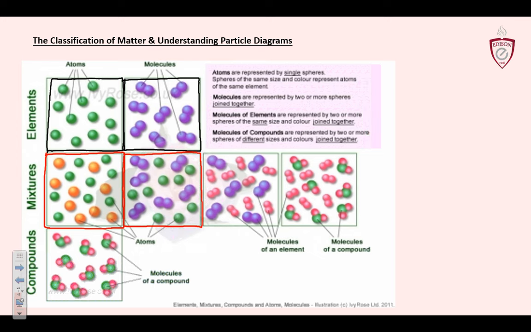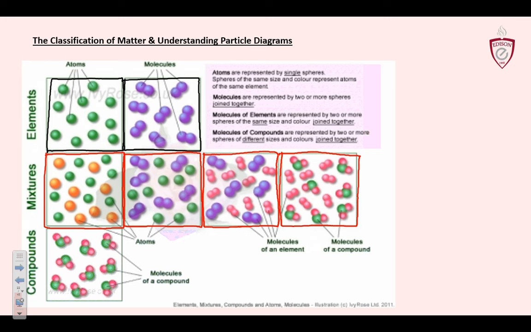The other types of mixtures over here, we see a mixture of two elements that are atoms bonded together. Again, you can see that they're different things mixed in together. And this last one, we actually have molecules all mixed in together. One of the molecule types is an element, two of the same atoms squished together.